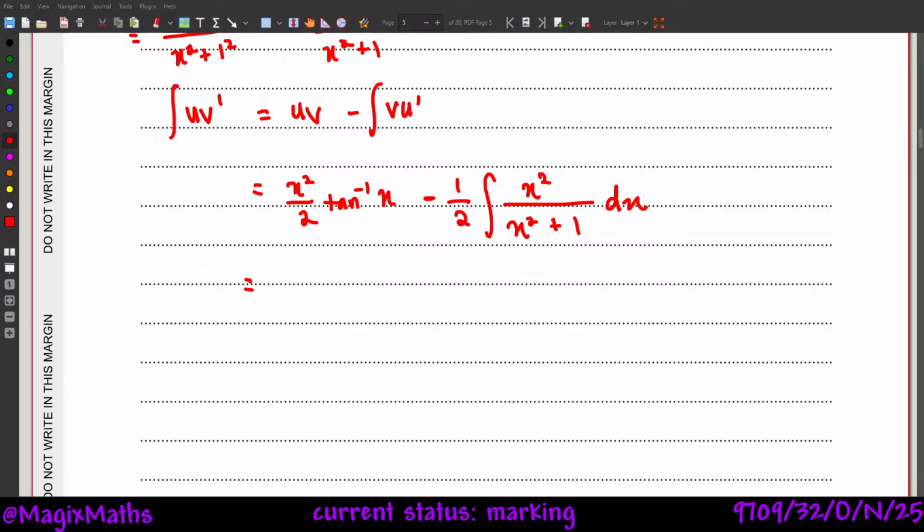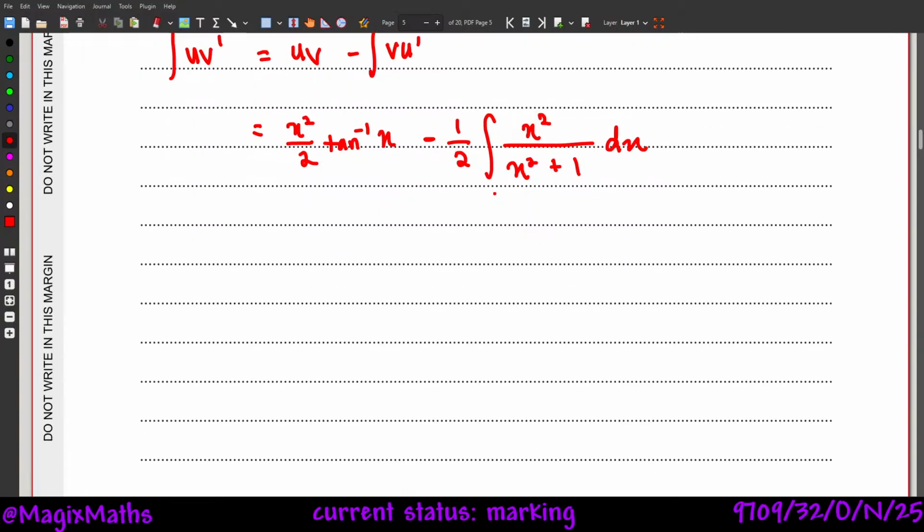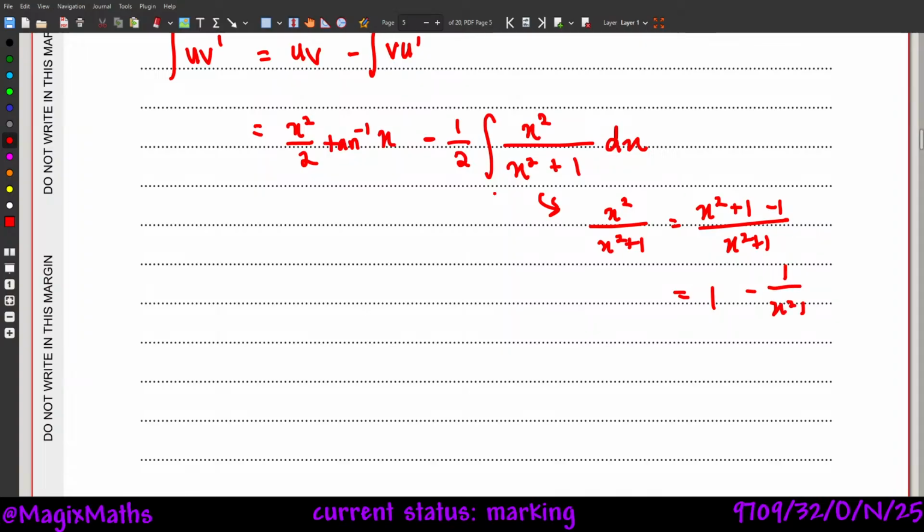And what comes next? So this right here, we're gonna split this first. We have x squared over x squared plus 1 equals x squared plus 1 minus 1 over x squared plus 1, equals 1 minus 1 over x squared plus 1.